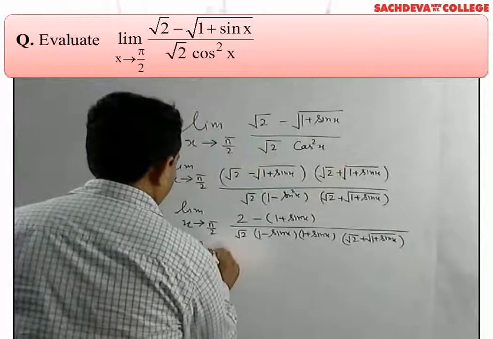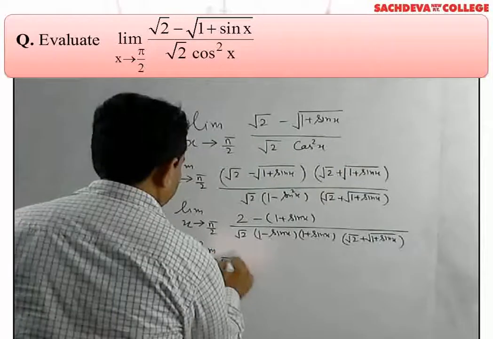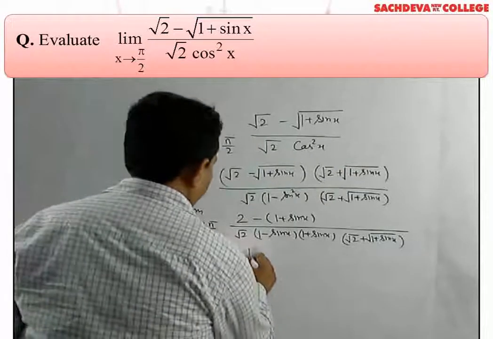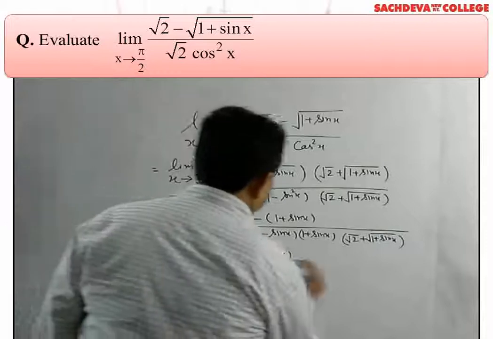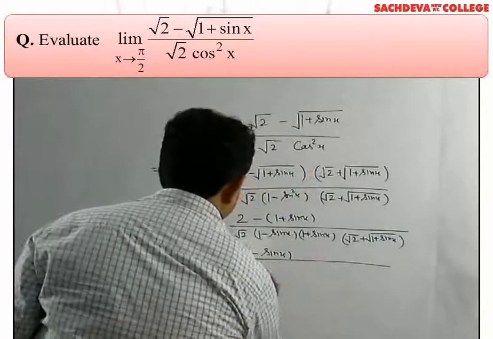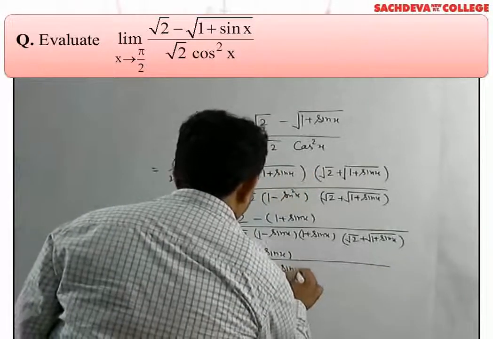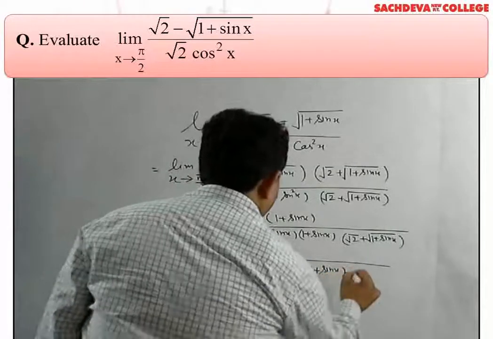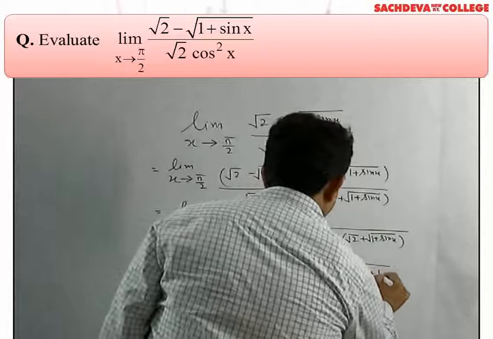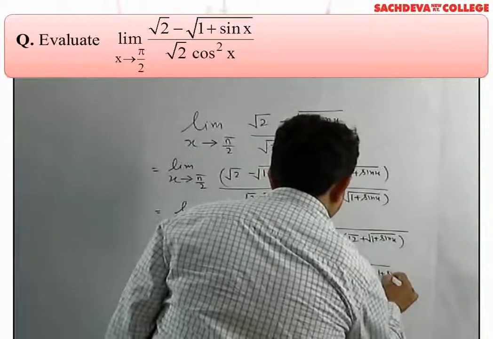Or limit x tends to pi by 2, (1 minus sin x) divided by root 2 into (1 minus sin x)(1 plus sin x)(root 2 plus root(1 + sin x)).